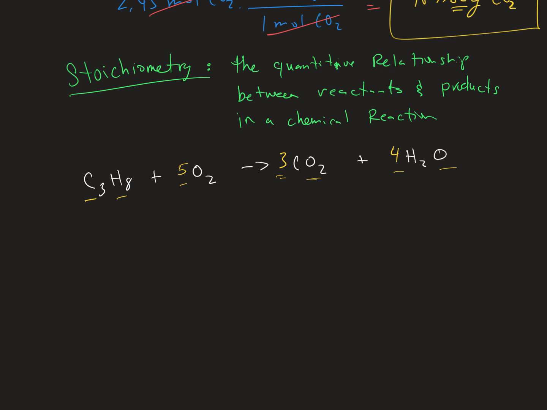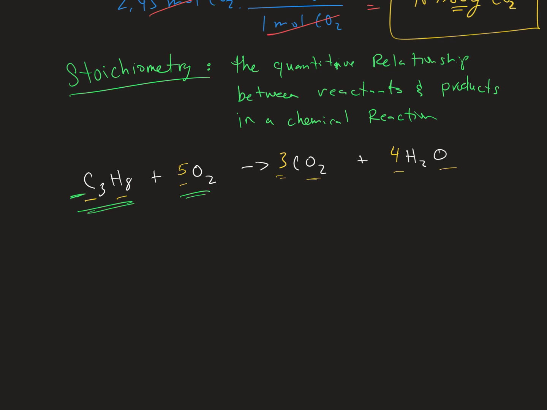All right, now in our balanced equation, we have more conversion factors. I'm going to show you how to find them. The coefficients in our balanced equation represent the number of moles. Now, it doesn't mean we have to have 1 mole of that and 5 moles of that in a reaction. We could have 3.26 moles of propane, right? A chemical reaction without balancing is an ingredient list.